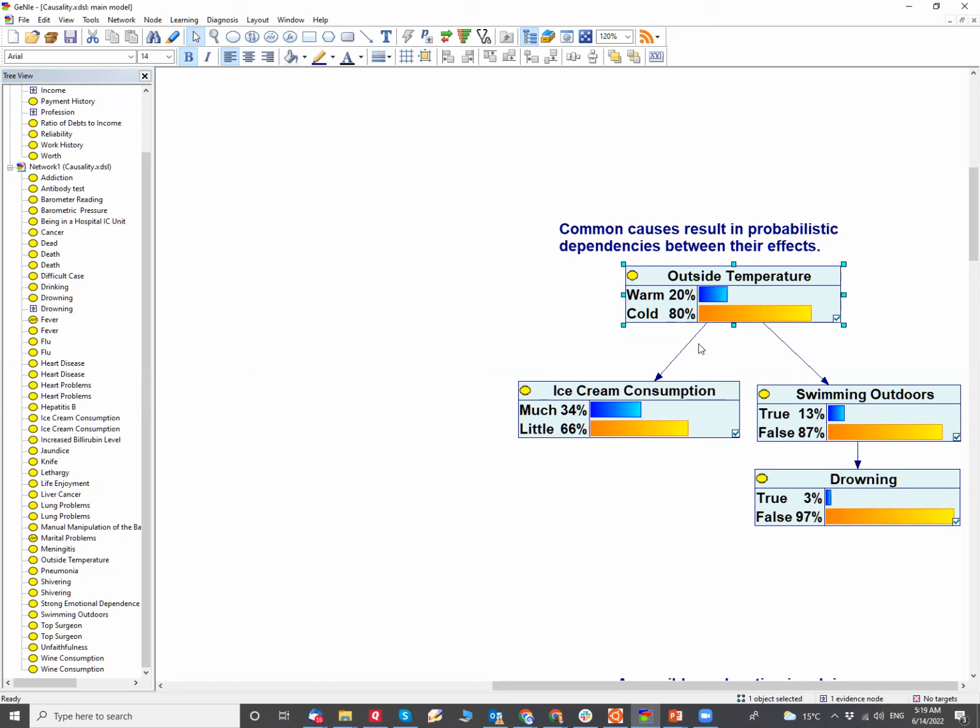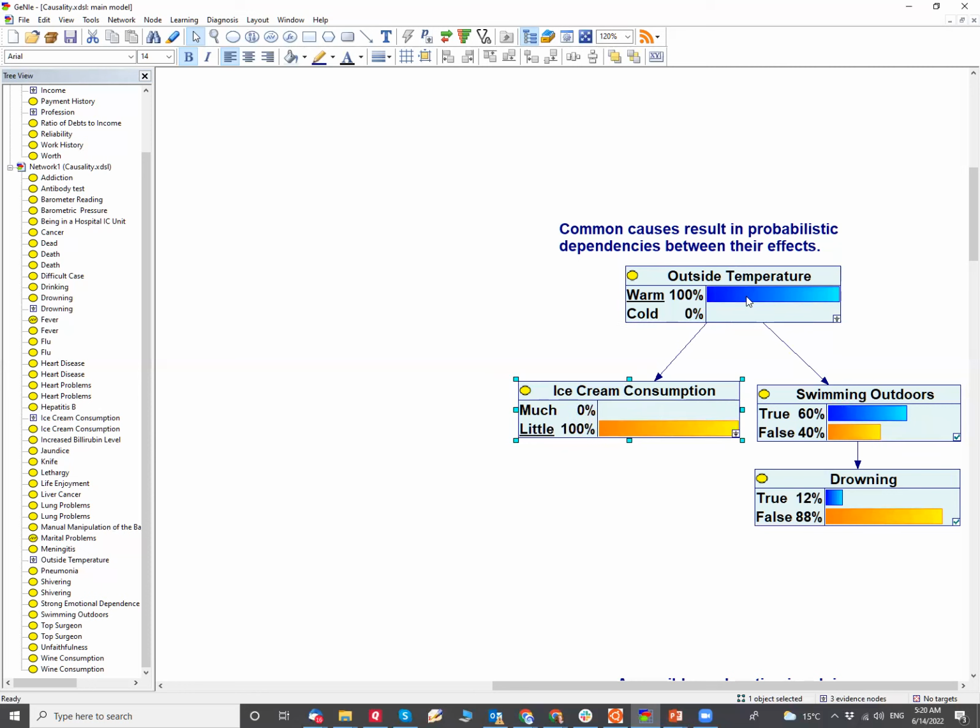Now, with this unobserved, look what happens. I observed a lot of ice cream consumed. This conducts dependence. The common cause works as a conductor here. Conditioning on common cause breaks that connection.